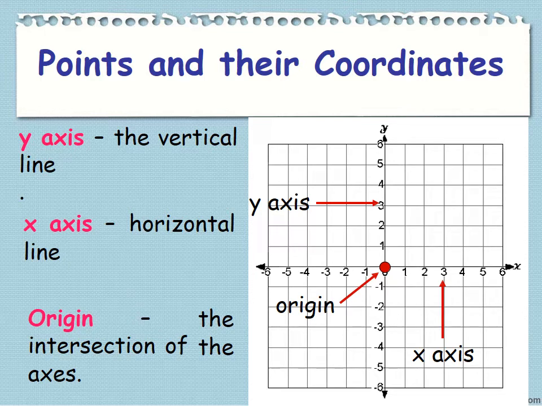If the point is to the left of the origin, the x value will be negative. The y coordinate, or y value, is the distance up or down the vertical axis. Up is positive, down is negative.